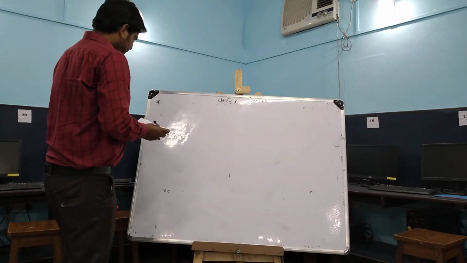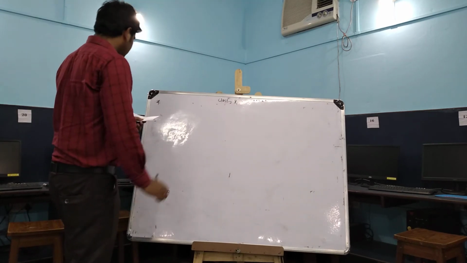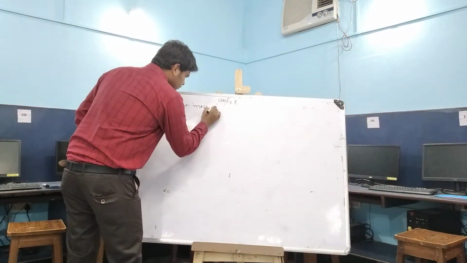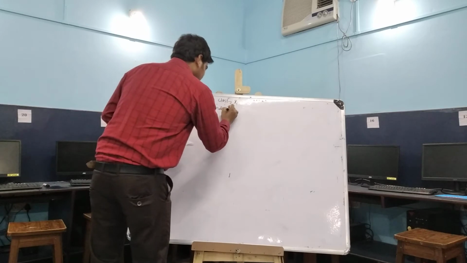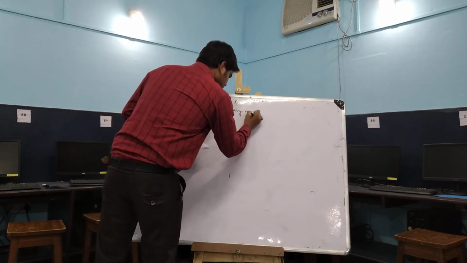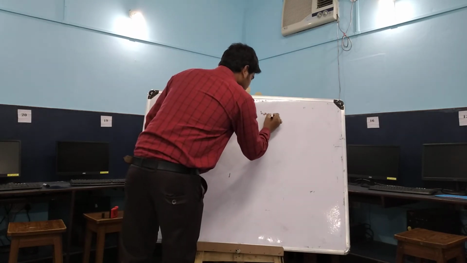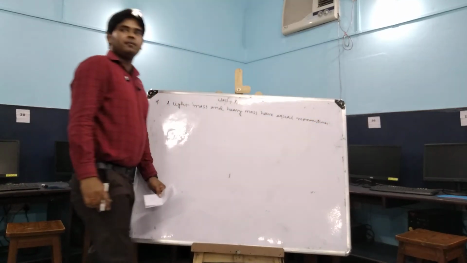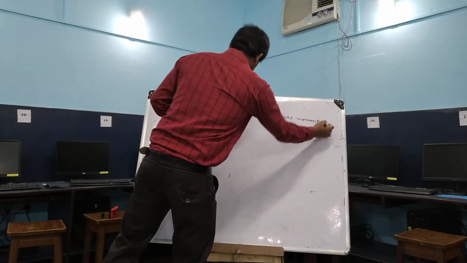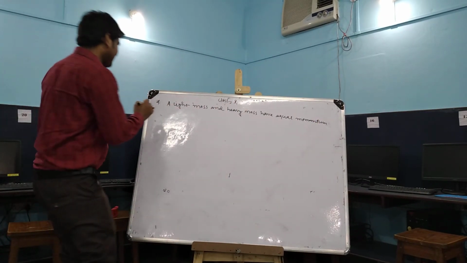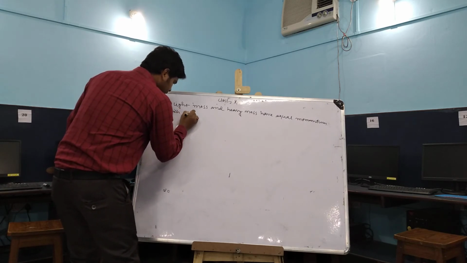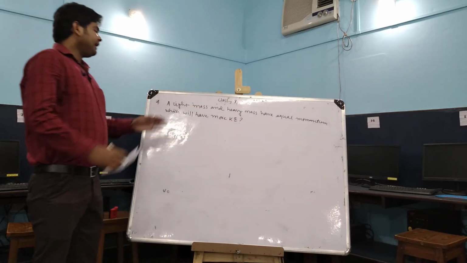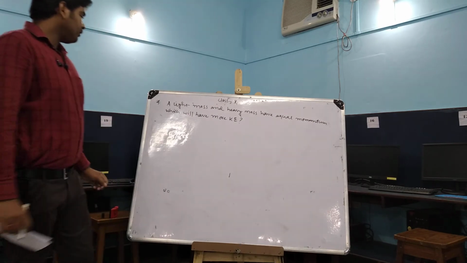The question is: a light mass and a heavy mass have equal momentum, which will have more kinetic energy?